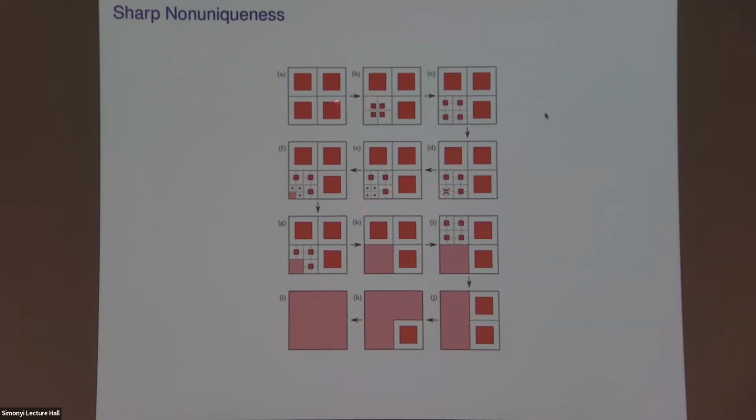And notice, first of all, that there is some sort of self-similar behavior. Going from here to here is nothing but applying the whole dynamics rescaled only on this big square over here. So it has some self-similar feature.